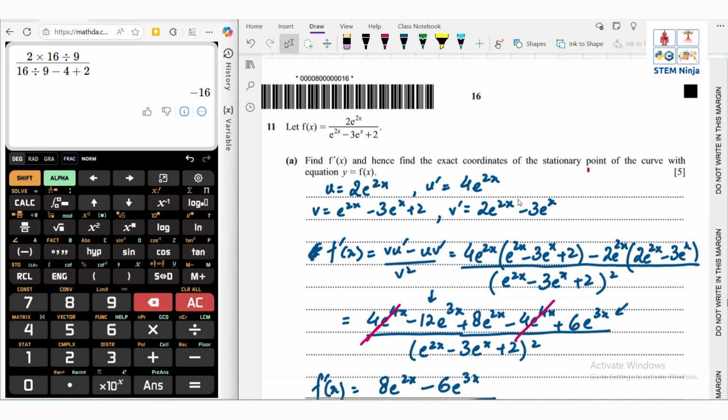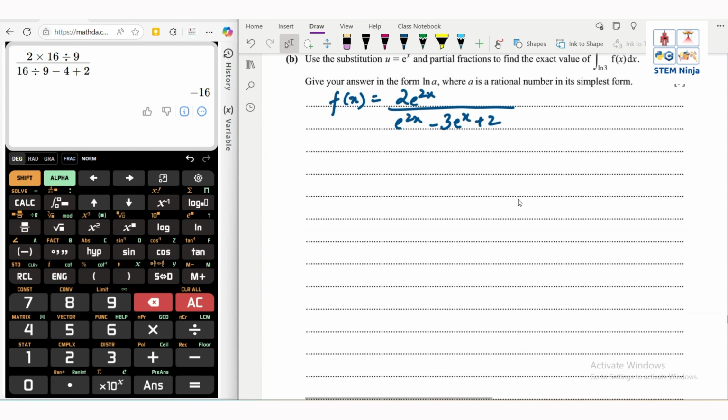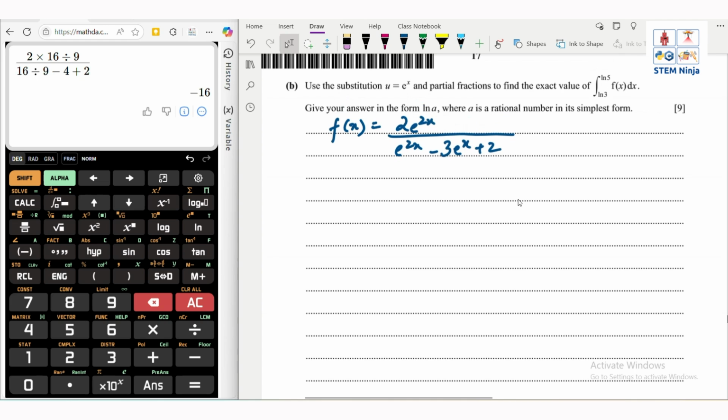Yeah, right. Okay. So over here, if u is equal to e raised to the power x, then u squared would be e raised to the power 2x. And when x is equal to ln 3, u would be just 3. And for ln 5, u would be just 5.